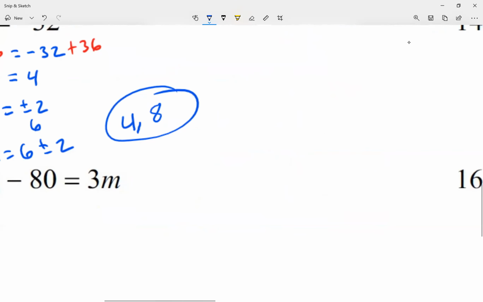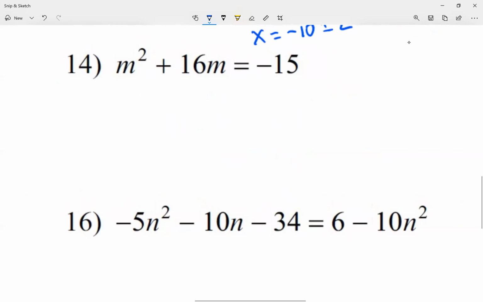Good. Take a look at question number 14. I have this as m squared plus 16m, let me leave a space, equals -15. I want letters on the left side and everything that does not have a letter on the right side. That's kind of how I have it. I just added the little space after the 16m.